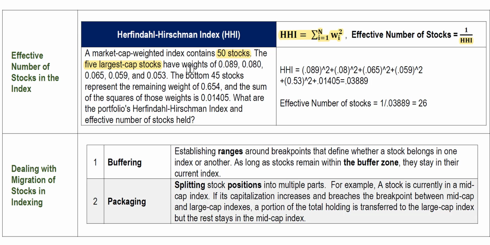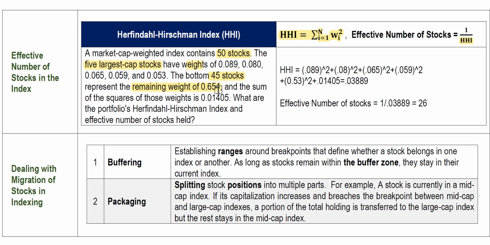Then we calculate the weight of those 5. They are 8.9%, 8%, 6.5%, 5.9%, and 5.3% respectively. But we still have another 45 stocks. The remaining weight of those 45 stocks is about 65.4%.